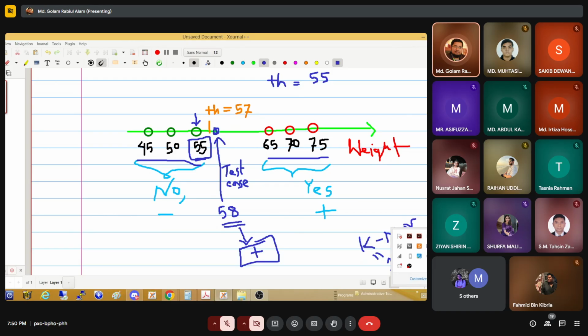So 55 plus 65, and if we divide it by 2, 120 divided by 2 is 60. So we can set a threshold of 60 instead of 57.